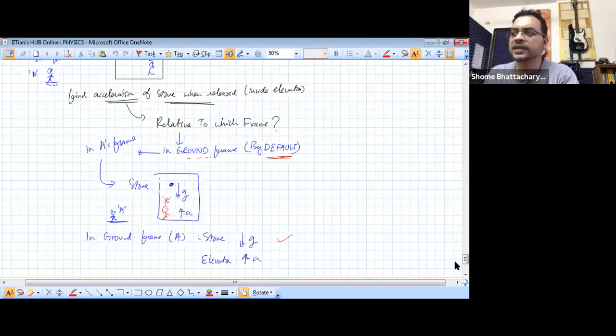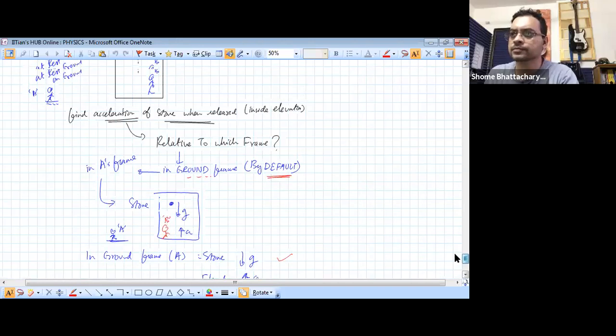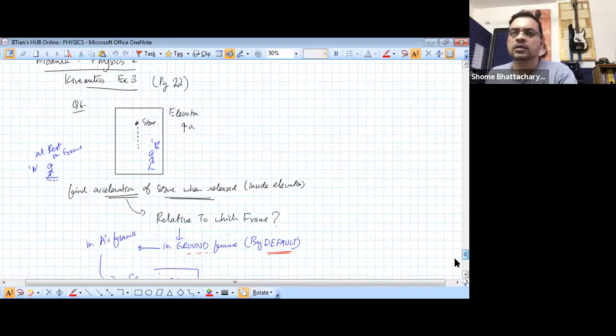Yes, with respect to the elevator, it would be G plus A. So just note this down, people.